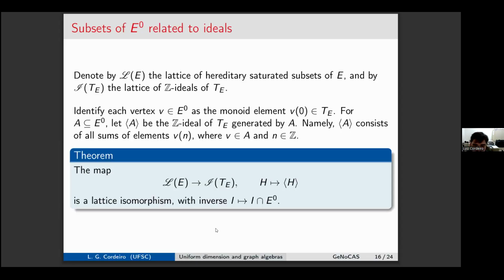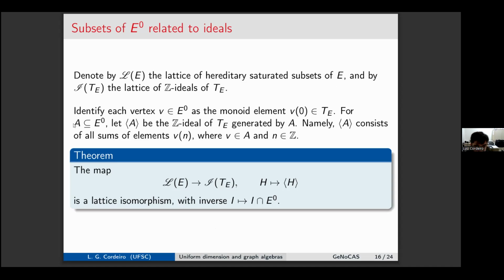So the set of hereditary saturated subsets of E0 is a lattice, and it corresponds to the lattice of Z-ideals of the talented monoid in the following sense. Every vertex in E0 is seen as the element of the talented monoid given by the same vertex indexed at the time 0.